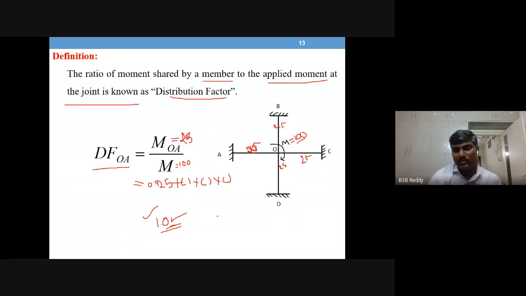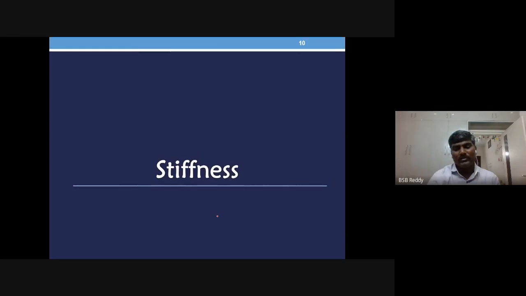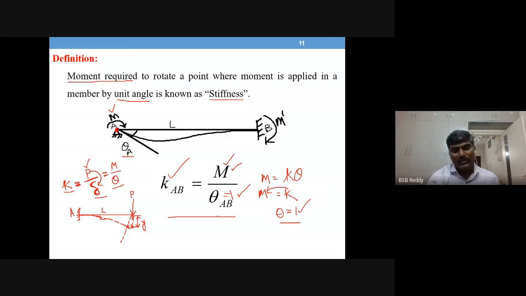So if a moment is applied at a joint where a number of members are meeting, the distribution factor is defined as the ratio of the moment shared by a member to the moment applied at the joint. Just to recall what was studied in this session, we talked about stiffness, and the general sense of stiffness is different from the one we are defining now.